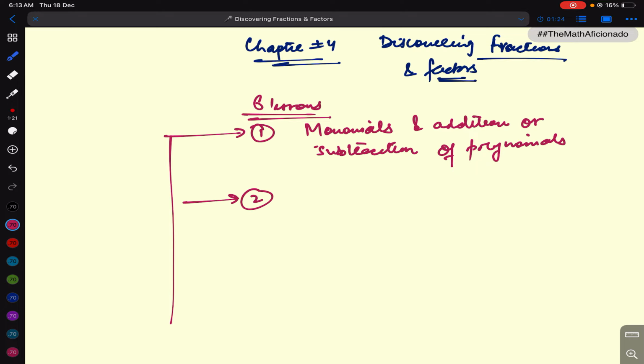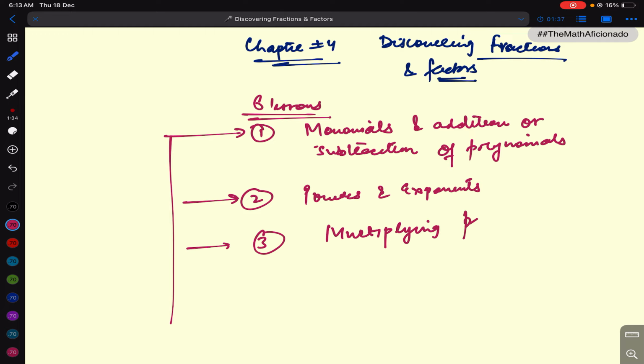The second one is powers and exponents. Third is multiplying polynomials and binomials.